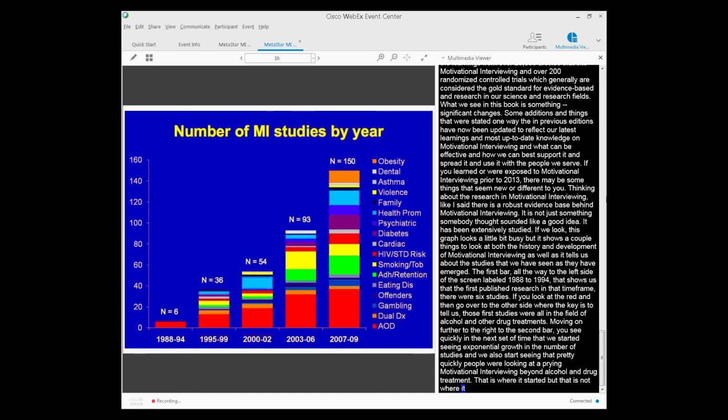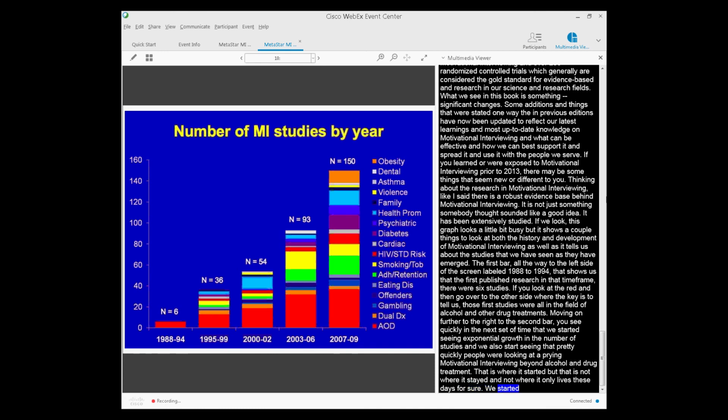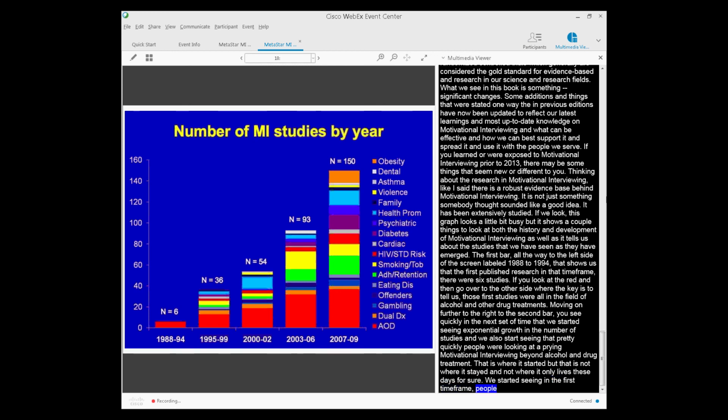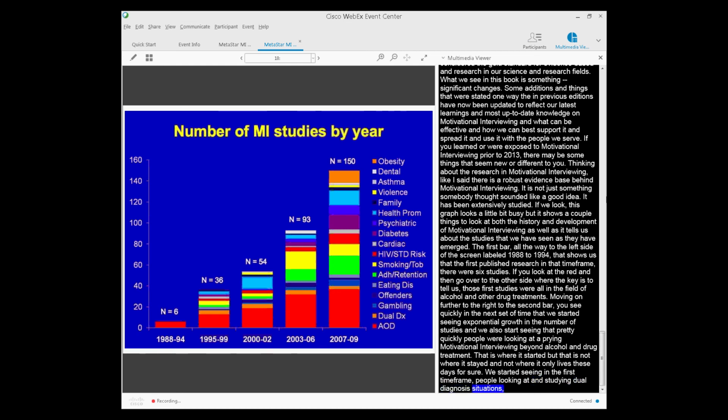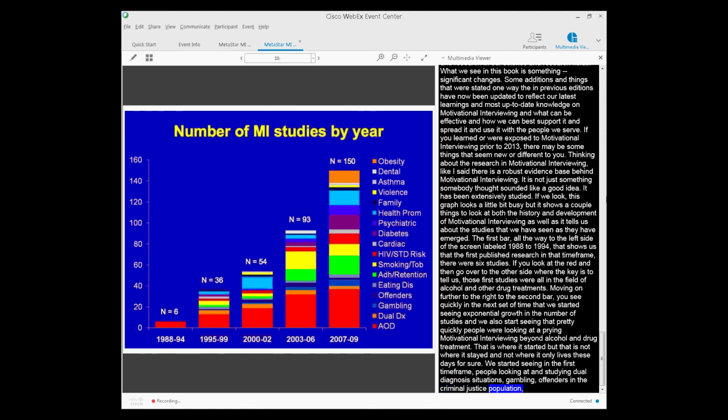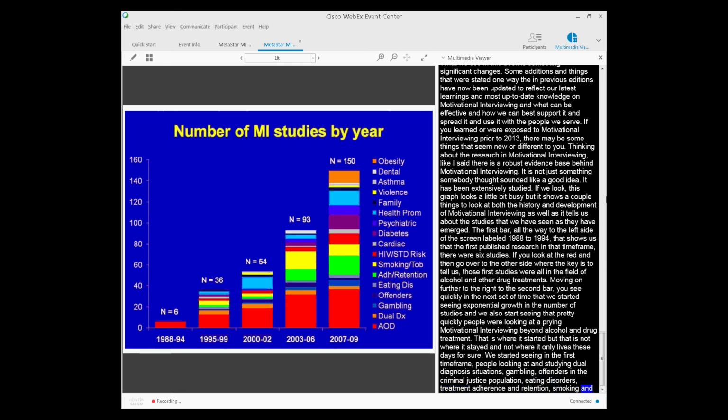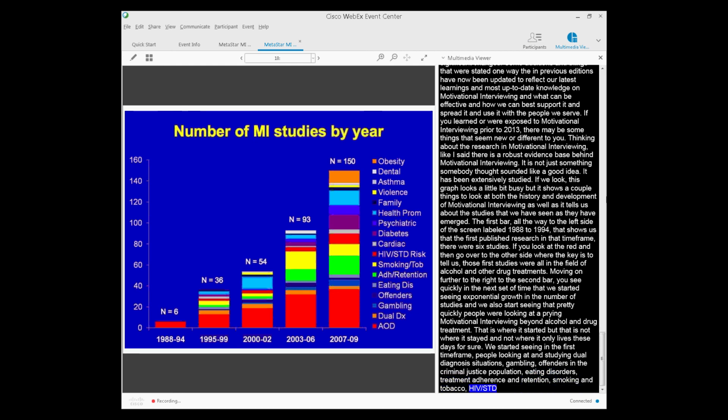In that time frame of 95 to 99, we started seeing people studying its application in dual diagnosis situations, problem gambling, offenders, which talks about our criminal justice population, eating disorders, treatment adherence and retention, smoking and tobacco, HIV, STD risk, cardiac, diabetes, and so on. It goes quite far up the list in that very first time frame after the first studies came out.